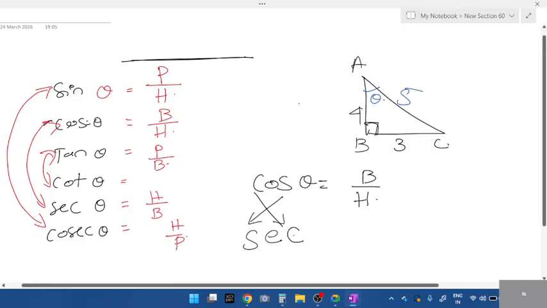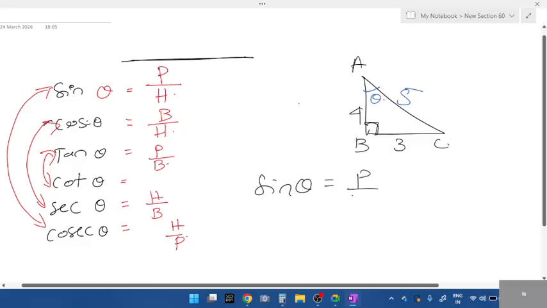If I put E here, does it become sec theta? So what is the value? Yeah, this is how we have to remember. Even without writing it in order, this is how we have to remember. So cos will be the opposite of sec theta, hypotenuse by base. What is the last value which is left? Sin theta. So sin theta will be opposite to which one? Cosec theta. Hypotenuse by perpendicular.